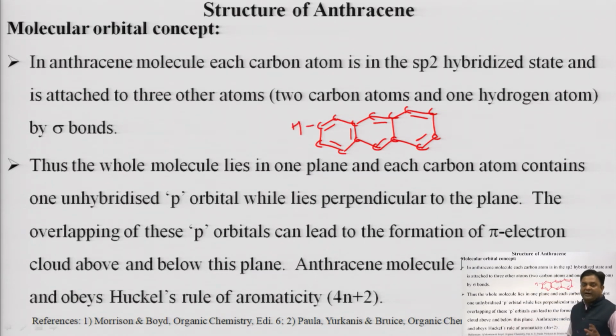For example, if you take one of the carbons of anthracene, it has 4 valencies. One valency is fulfilled by overlapping with the s orbital of hydrogen.